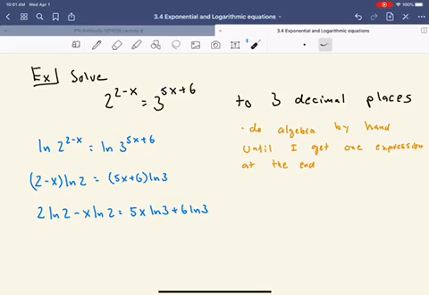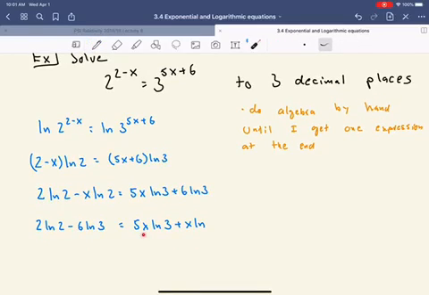Next thing I'm going to do, we're going to group these terms with x together. We're going to put everything with x on the right side, just because I don't like minusing. It's my own little thing. So 2 natural log of 2 minus 6 natural log of 3 equals 5x natural log of 3 plus x natural log of 2.